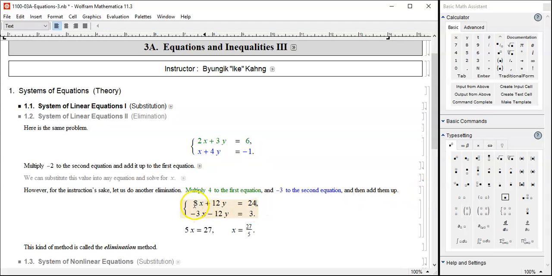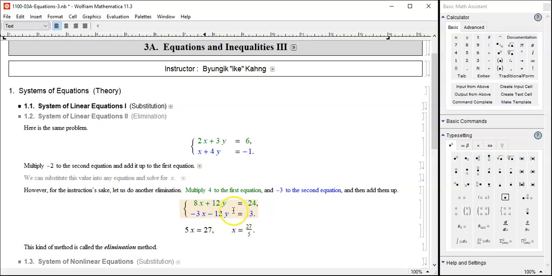Here we go. Look at the green equation, the first equation. That was obtained by multiplying 4 to everything from the first equation here. Compare. Now this blue equation was obtained by multiplying -3 to each term from the second equation here. Multiply by -3 to each.